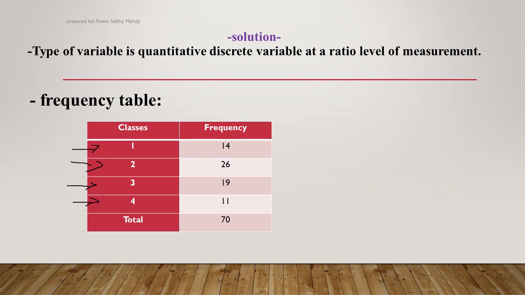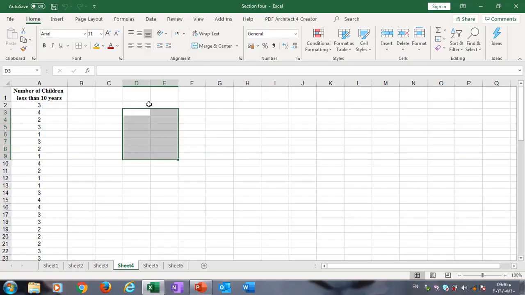Now we want to know how to draw or present the frequency table graphically by using Excel. If we open the Excel program, you can open an Excel sheet here, and in the first column we insert our raw data, which are the number of the children less than 10 years in the 70 families.